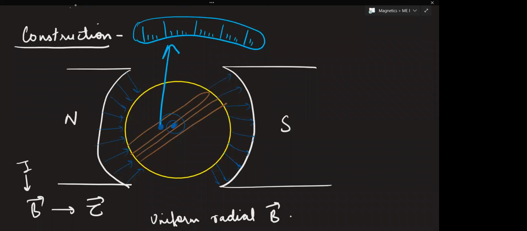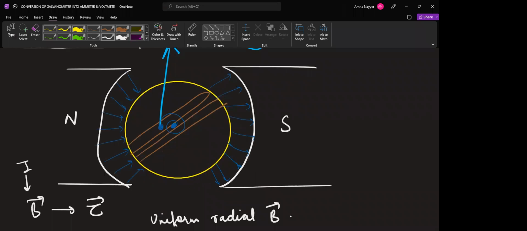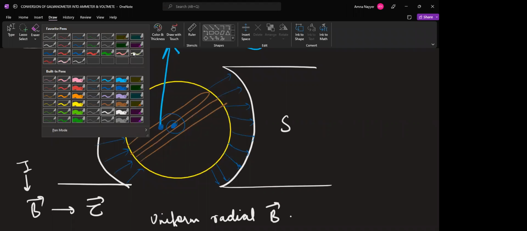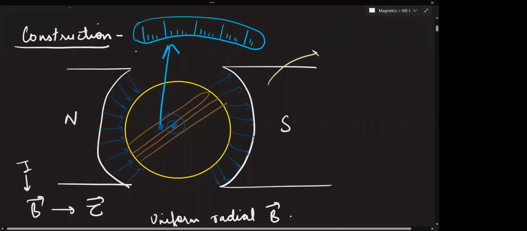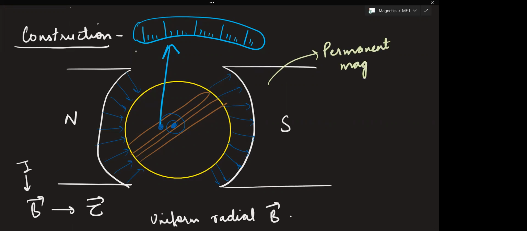Construction is basically, see, two permanent magnets are there. These are permanent magnets. A pointer is there. A pointer is connected on this soft iron core. This is basically soft iron core.